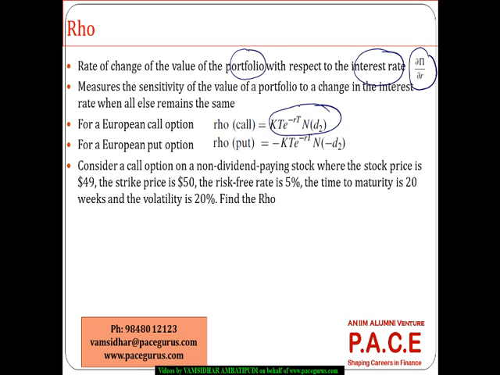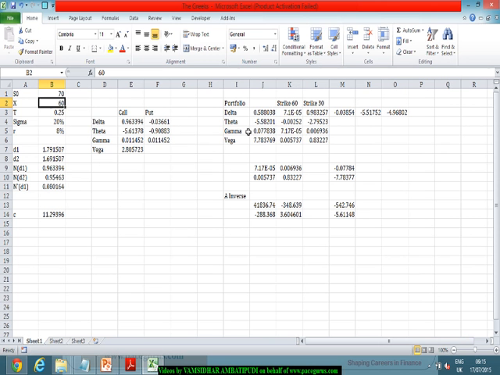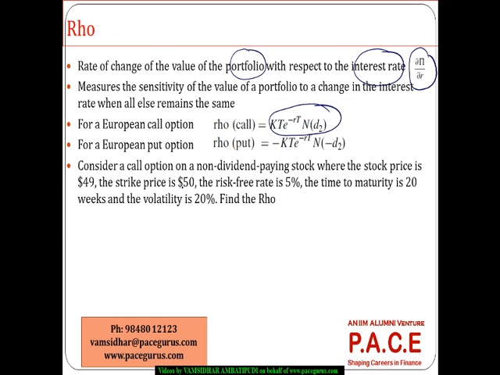So the rho for a call option, we are simply doing the derivative with respect to R. That's the reason we get it as KT e power minus RT N(d2). So rho for a put also will be the same. If I am getting into a rho, it is nothing but KT e power minus RT N(d2).